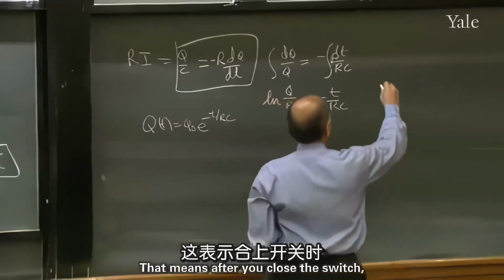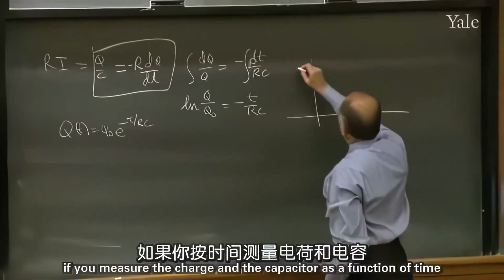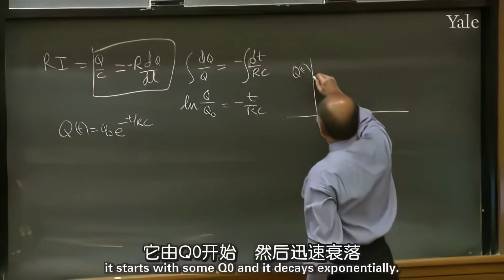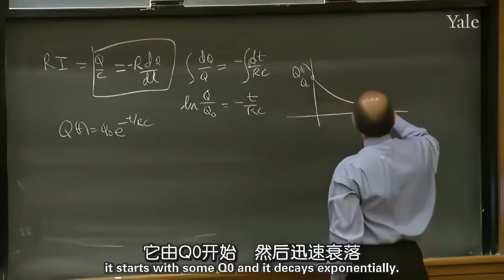That means after you close the switch, if you measure the charge on the capacitor as a function of time, it starts with some Q naught and it decays exponentially.